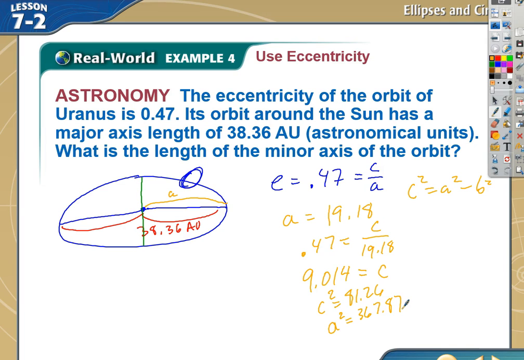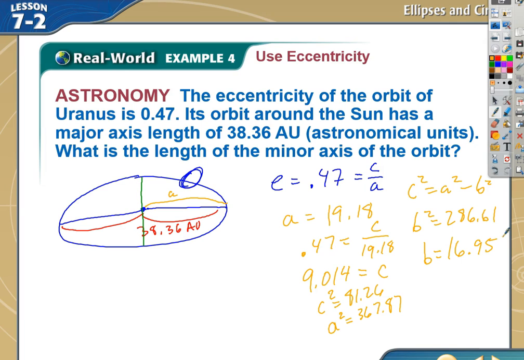And divide both sides by -1. And I get that B squared is equal to 286.61. Take the square root of both sides. And I get that B is equal to 16.95.